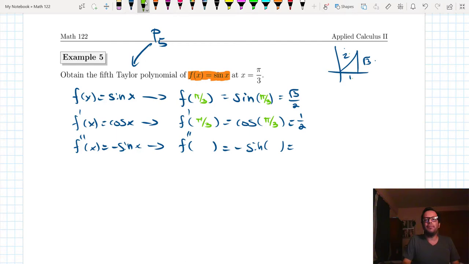But again, sine pi over 3, we already had it. Did you notice that? But in this case, we are going to get just the negative square root of 3 over 2. The third derivative, f triple prime of x equals negative cosine of x.